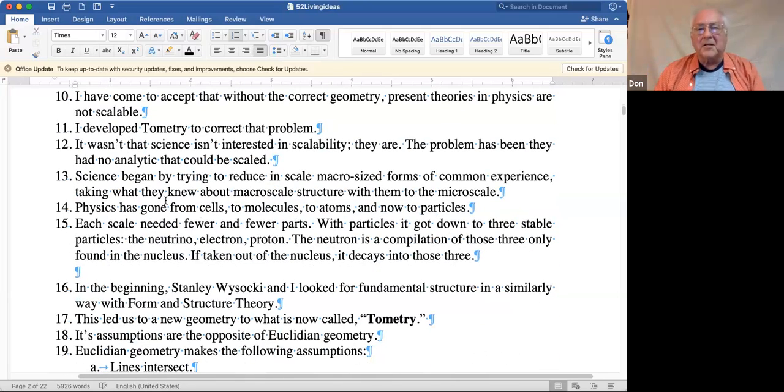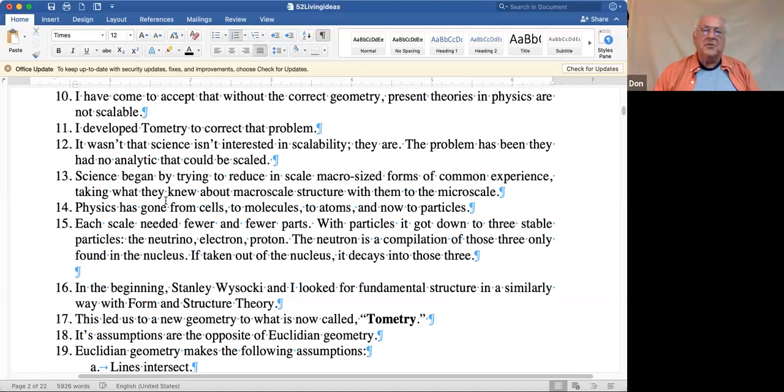It wasn't that science isn't interested in scalability, they are. The problem has been they had no analytic that could be scaled. Science began by trying to reduce in scale macro-sized forms of common experience, taking what they knew about macro structure with them into the micro scale.